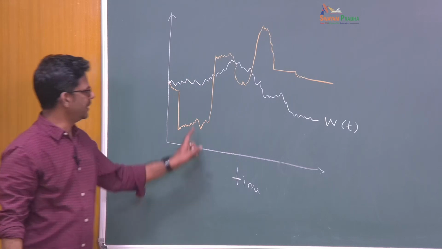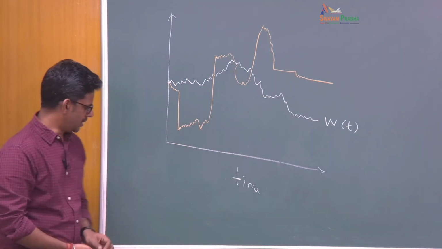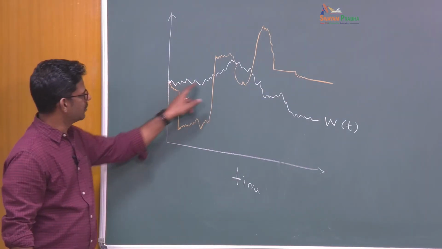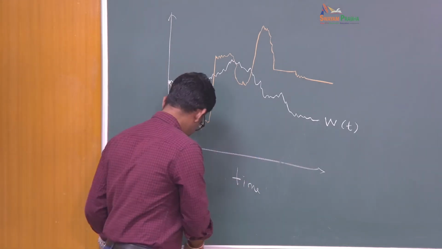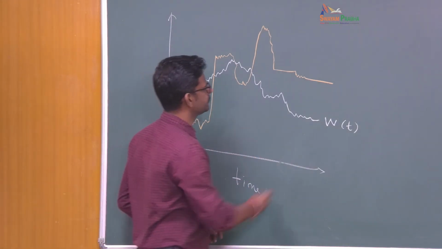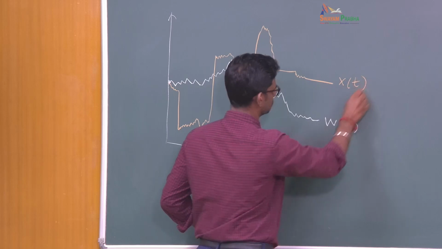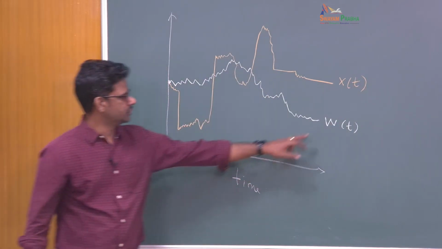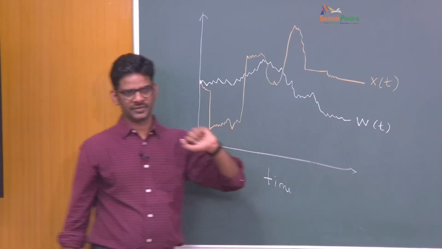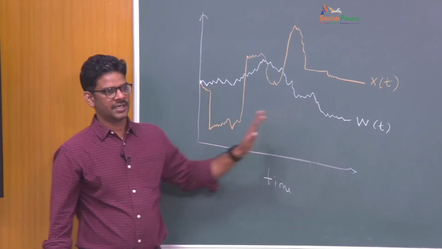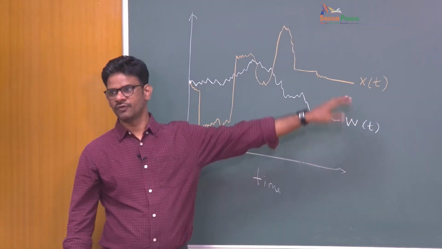If you look at these natures, let's call this white trajectory x of t. Both of these processes are Markov processes. What I am showing here is as a function of time how this process evolved.